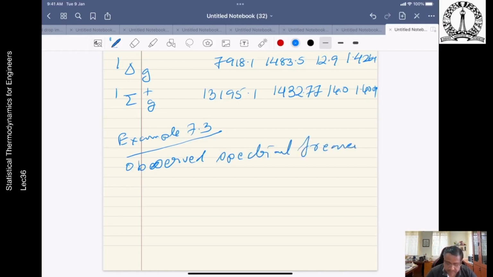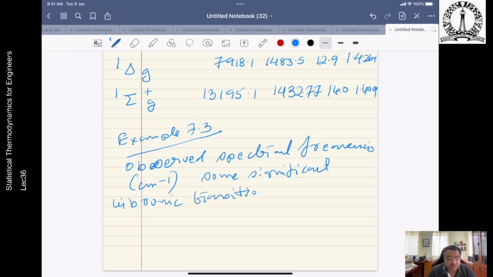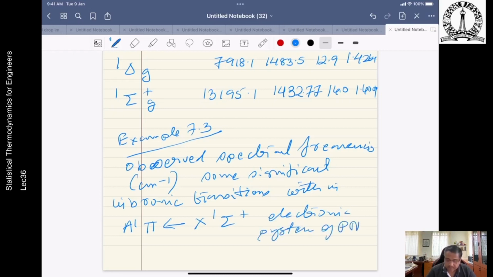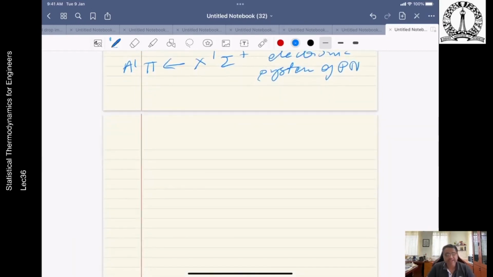Say the observed spectral frequencies, in centimeter inverse, corresponding to some significant vibronic transitions within the A1 to X1 electronic system of PN.